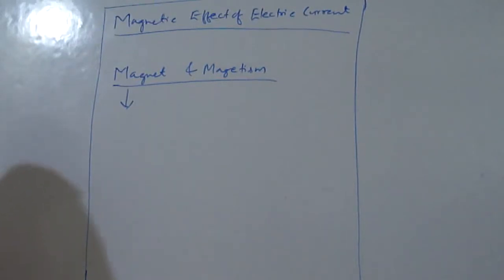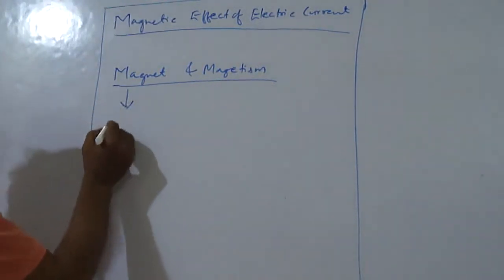Okay, so when you are going to define a magnet, a magnet is a substance which has some attractive property, or which can create a force.